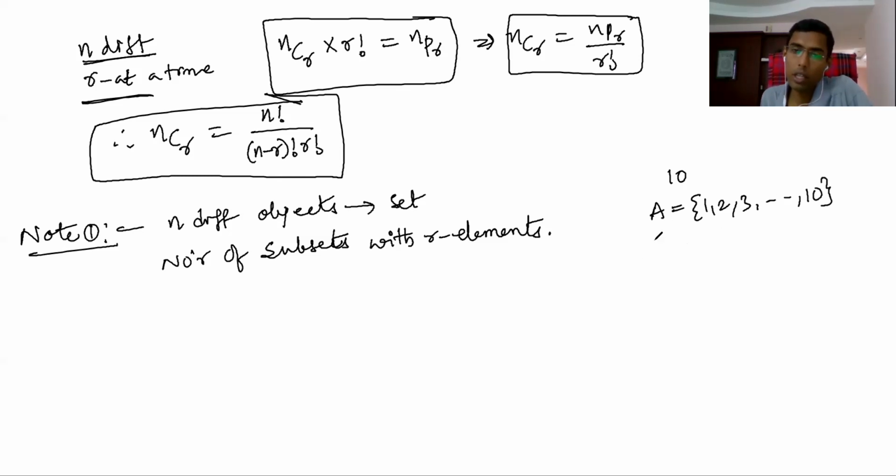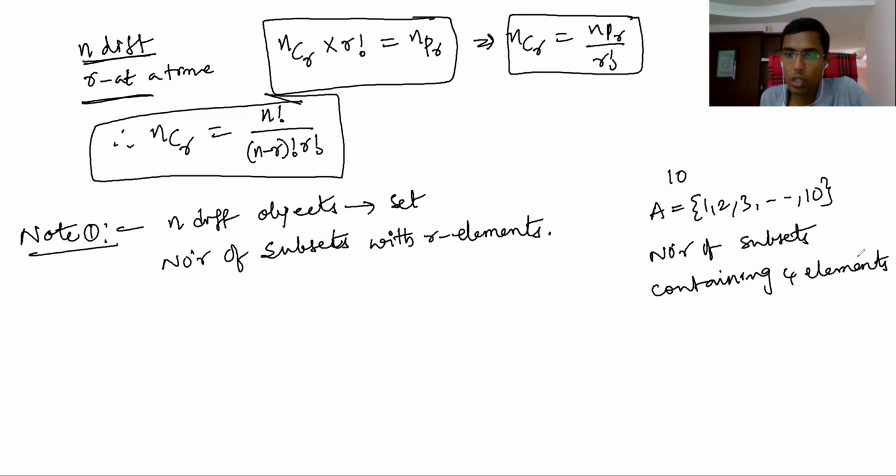These 10 elements are there. Now what I want is the number of subsets containing 4 elements. For a set with 10 elements, how many subsets with 4 elements are there? What should we do? In how many ways can we select 4 elements?